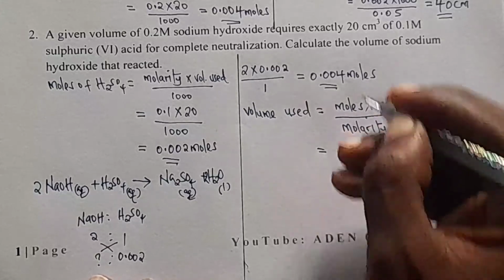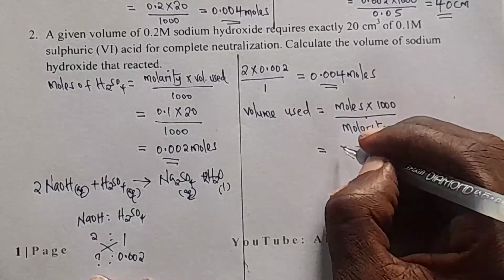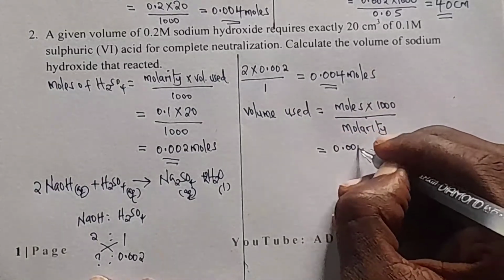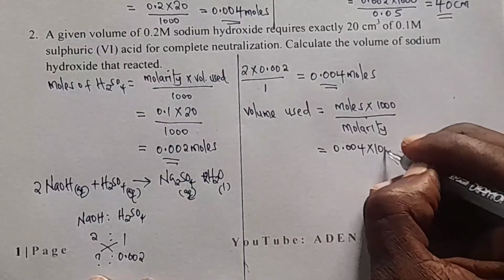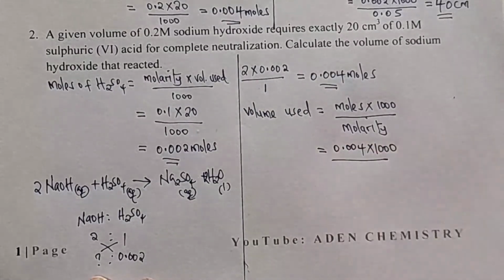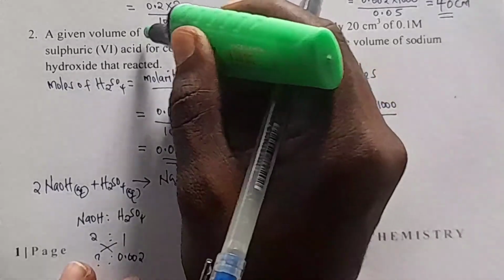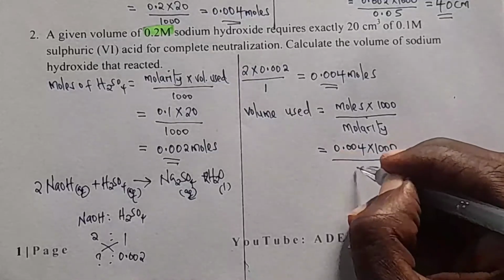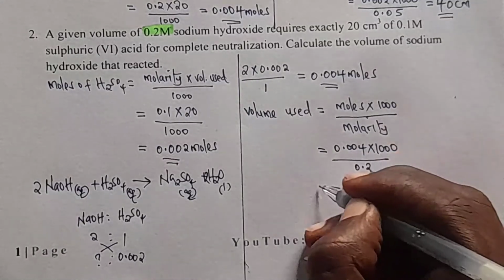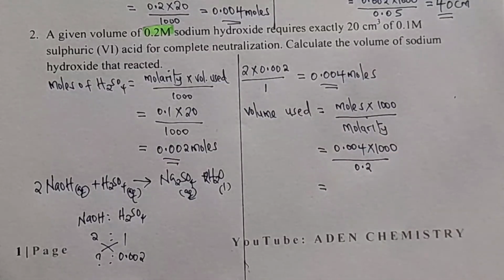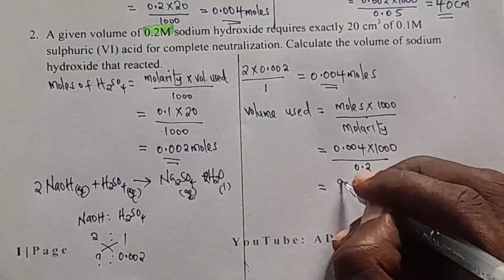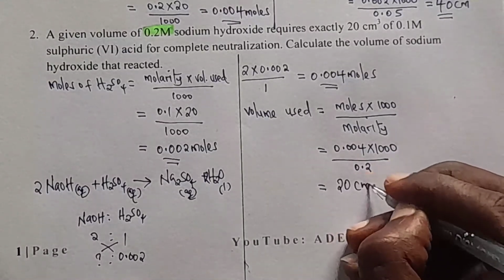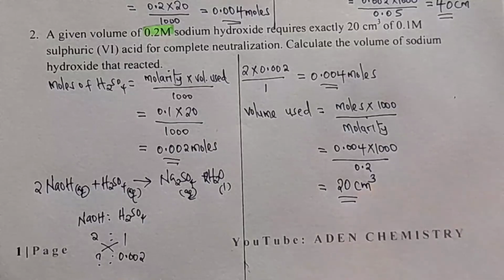In our case, the moles of sodium hydroxide is 0.004 multiplied by 1000, divided by the molarity of sodium hydroxide, which is 0.2. We are given 0.2 as our molarity of sodium hydroxide. Using the calculator, we get 20 centimeter cube as the volume of the sodium hydroxide.